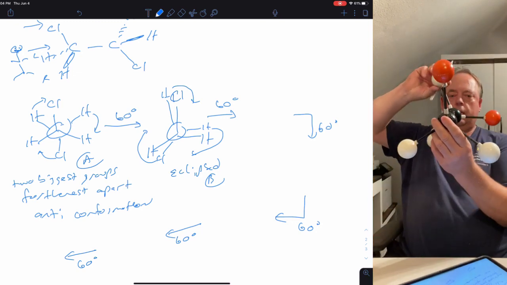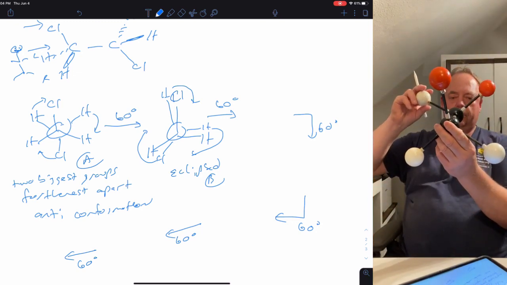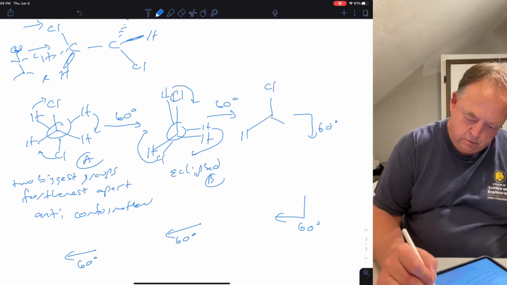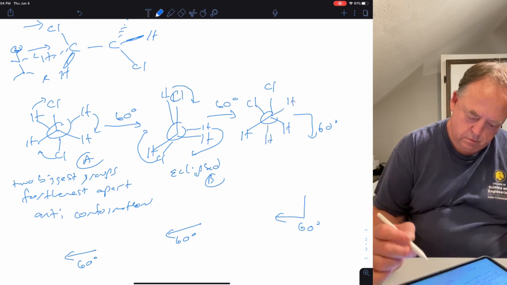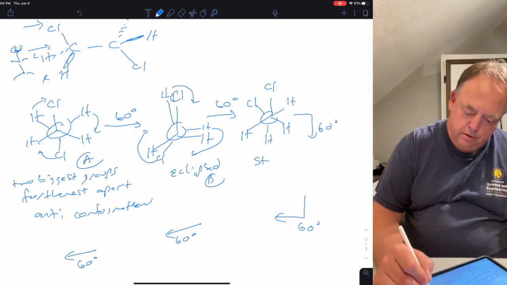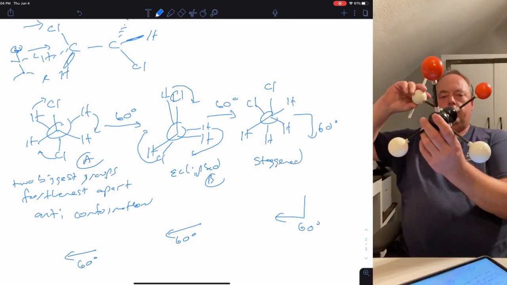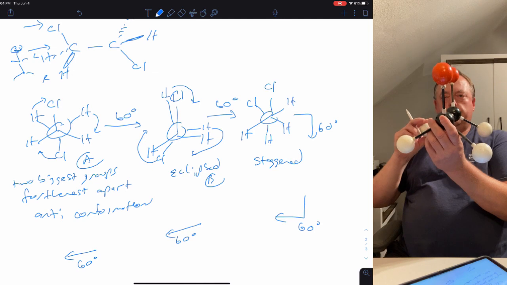So we're going to take that now and go 60 more degrees. So now we're back to a staggered conformation. And then we go 60 more degrees. So now the chlorine goes behind the other chlorine.